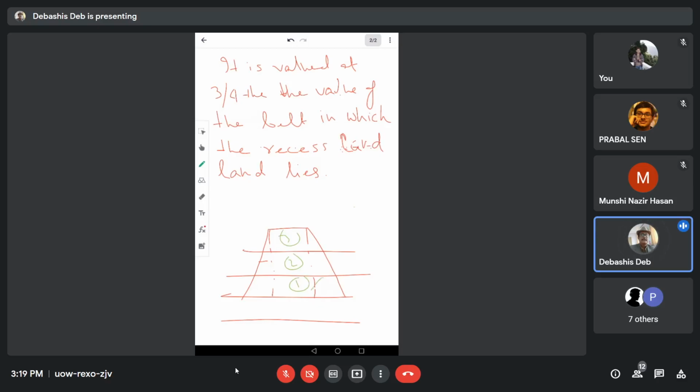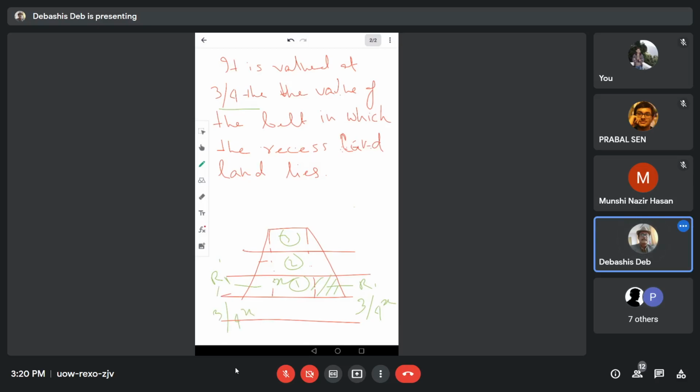So here it will be recess land, say R dash 1. Here it is mentioned it is valued 3/4. So if front build, first build value be x, then value of R1 will be 3/4 x. Similar here also 3/4 x.